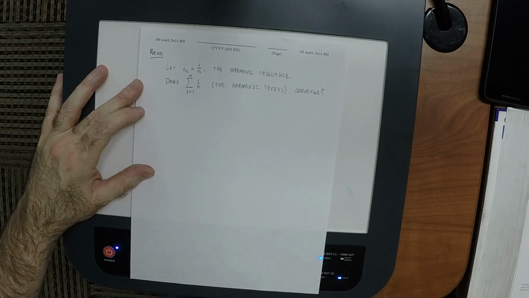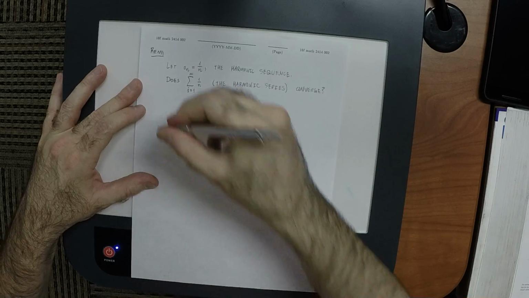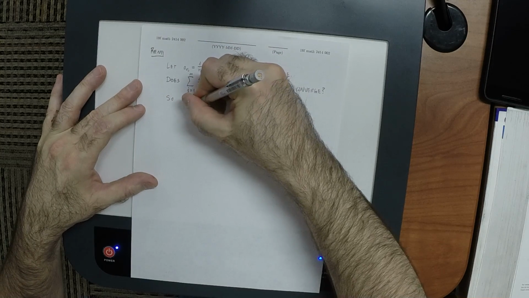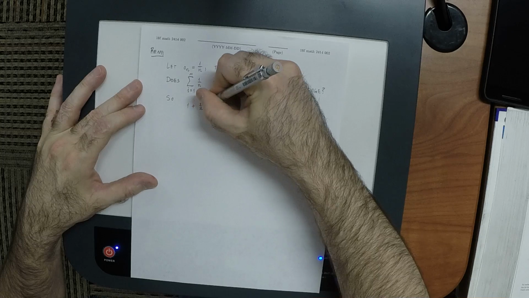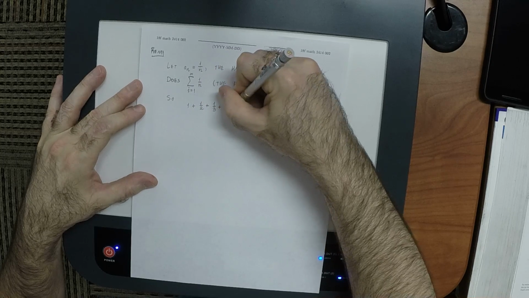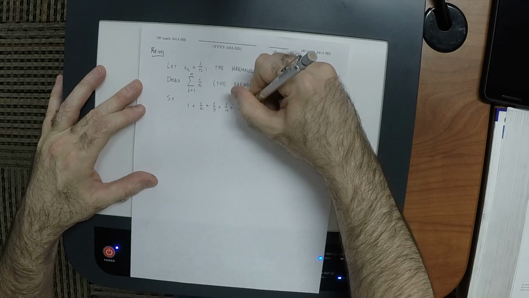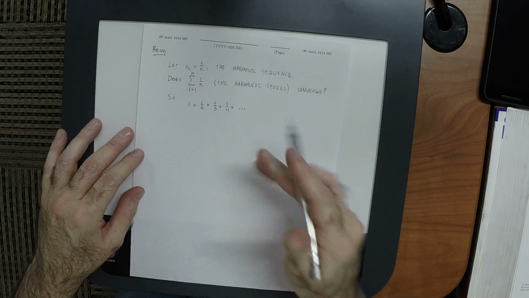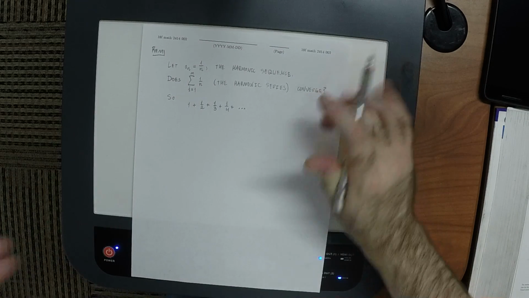So what we're asking about is the infinite summation that is 1 plus a half plus a third plus a fourth plus and so on. We're asking, does that converge? Now, what we're adding is getting small, right?